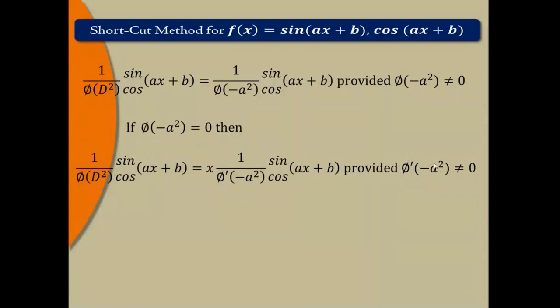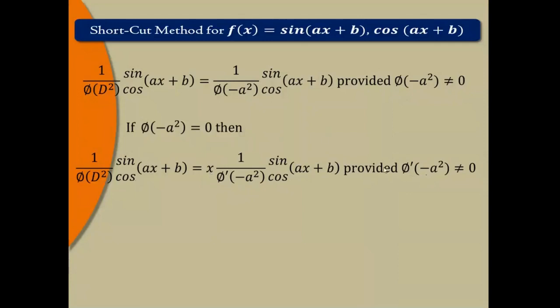And if this first derivative is not equal to 0, then take x into 1 upon that non-zero derivative times sine or cos of ax + b. If you have sine here, we take sine here. If you have a cos term, then we take cos here. So whenever this term becomes 0, take its derivative and then do the replacement. And if the derivative is non-zero, attach 1 x to it.